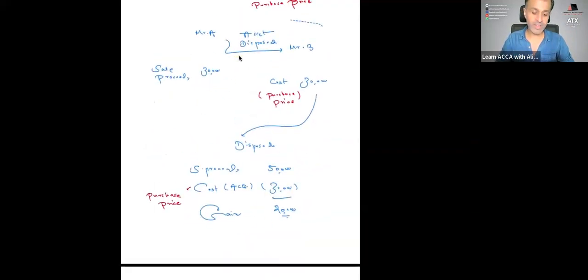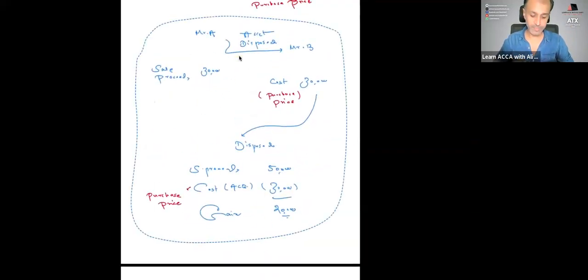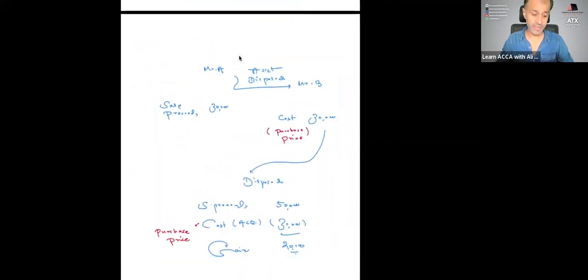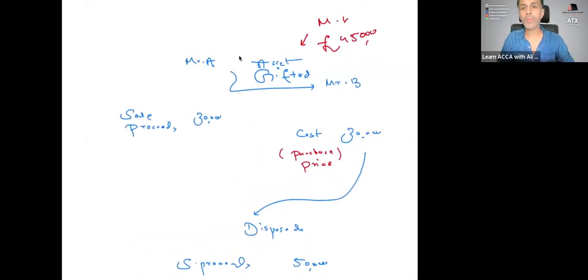Let's change this example to one where it was a gift previously. So let me rub off a few of those facts. The asset is not sold, in fact, it was gifted. And the market value on the day the asset was gifted was 45,000.